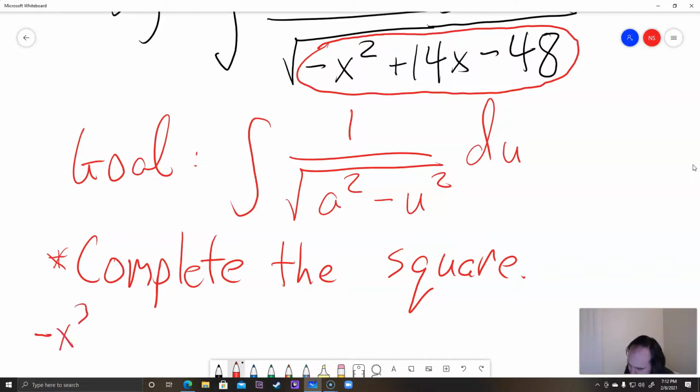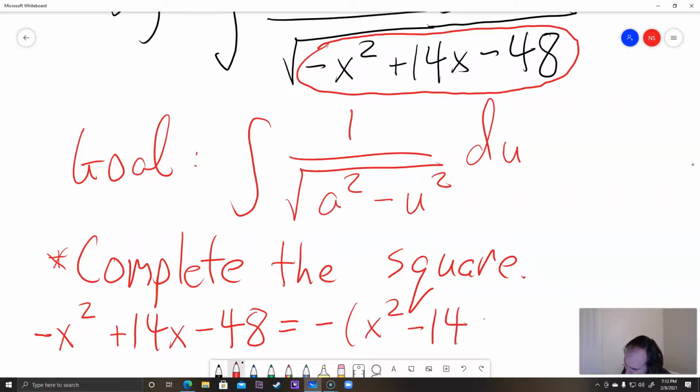So you've got negative x squared plus 14x minus 48. And then the standard thing is if you have a minus in front of the highest term, you want to actually factor out the minus for starters. So we factor out a minus from the whole thing, and we're going to be left with x squared minus 14x plus 48.